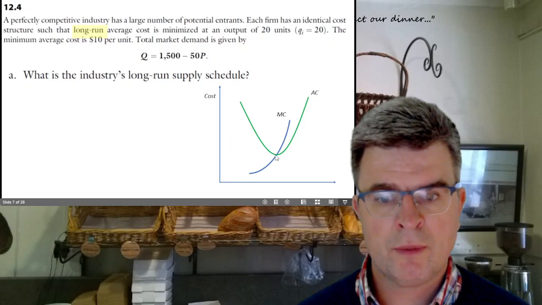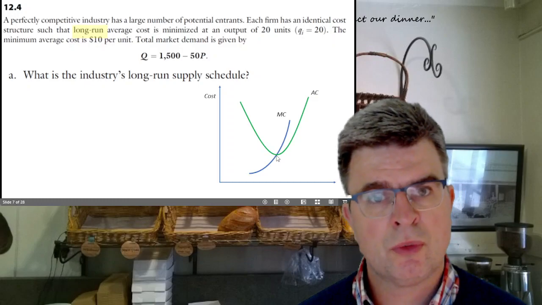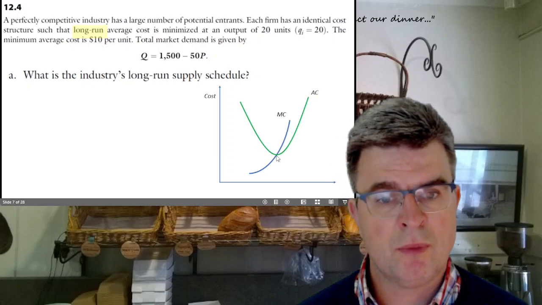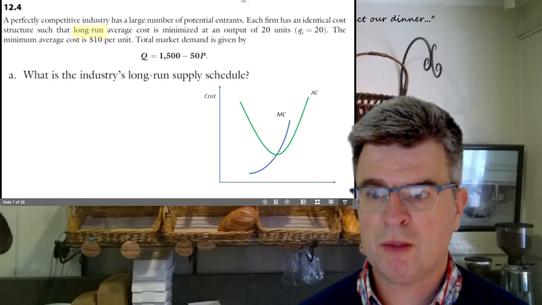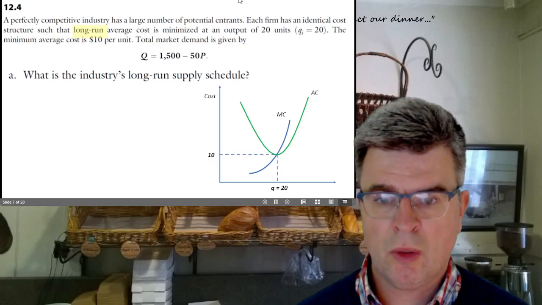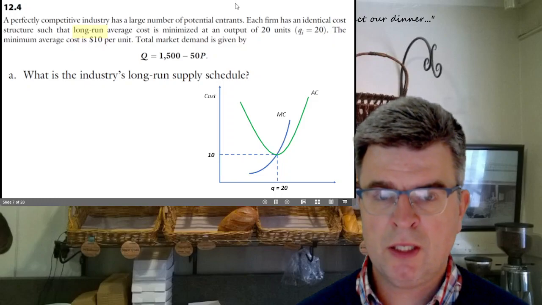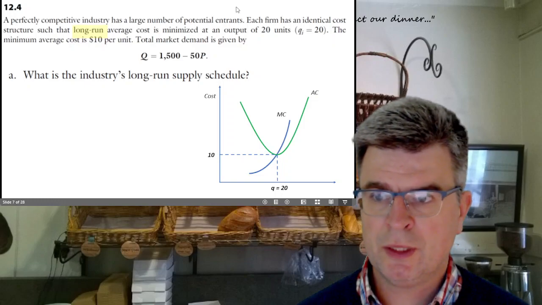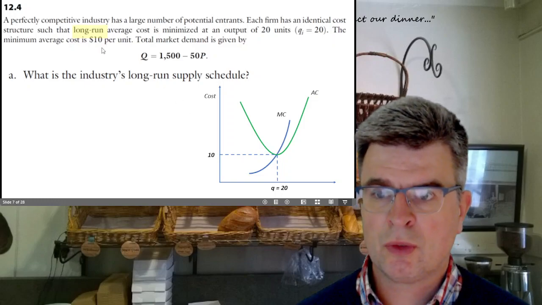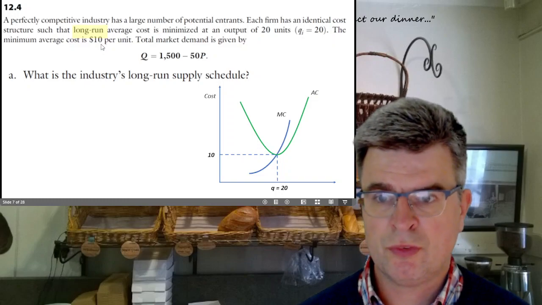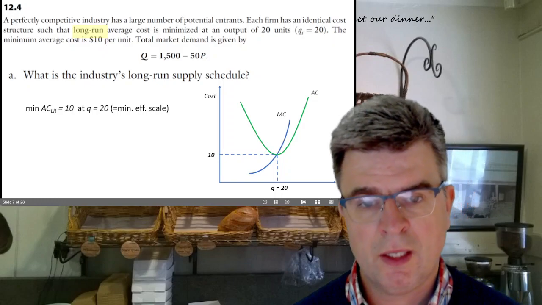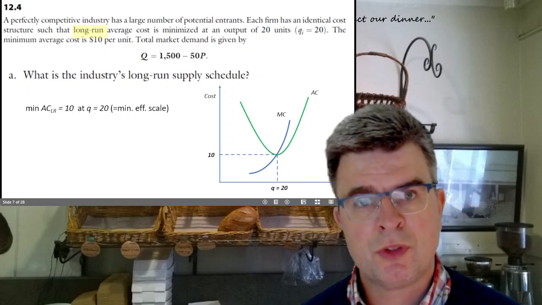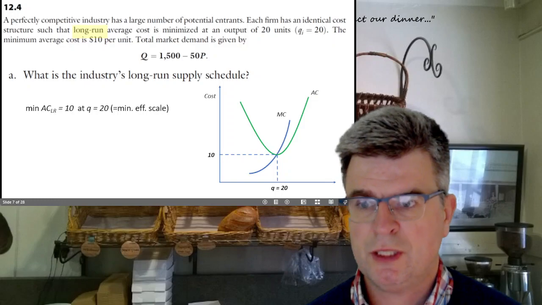So in the long run, the cost will be at a level where the marginal cost is intersecting with the average cost, and the average cost will be at the minimum level. So in the long run, each firm will produce 20 units, and the cost will be equal to the price of 10. So each firm produces at the minimum efficient scale.